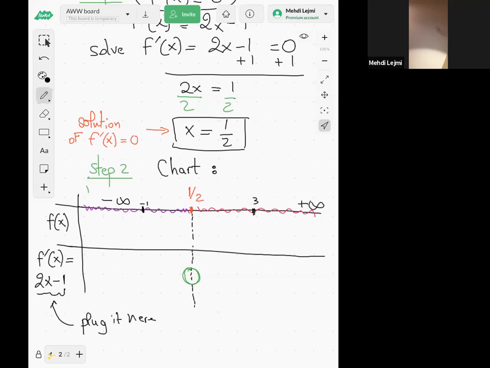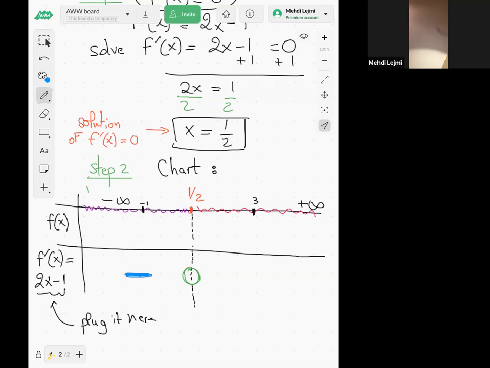So it's going to be negative. What I'm saying, guys, is that on this first interval, my derivative is going to be negative, because I plugged -1 into the f prime of x, 2x minus 1, and I got -3. That's why I have this negative in the second row.